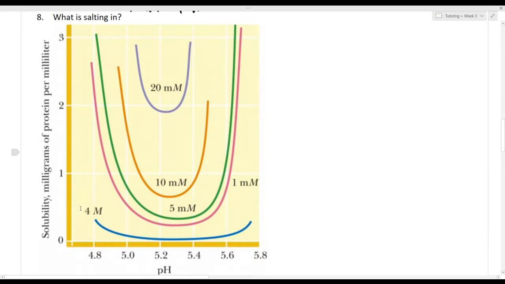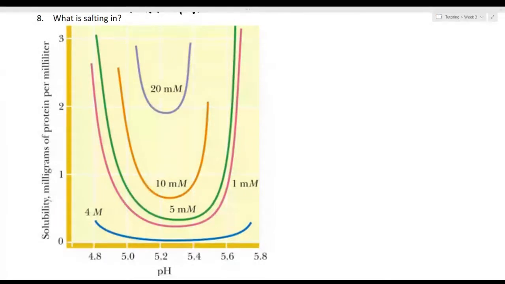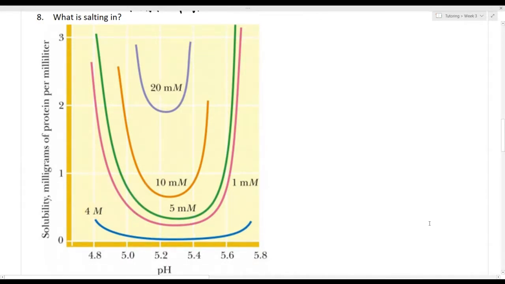And so does the 4 molar one, actually. It's not great, but it does have some solubility at a pH of like 4.8 or something. So in general, the closer pI and pH are, the less soluble it is. The trend with salting in and out, I don't think has anything to do with that, but I'm not 100% sure. It's not something that's ever really talked about. It's a really good question, though.